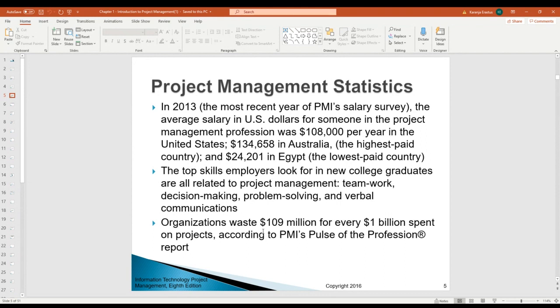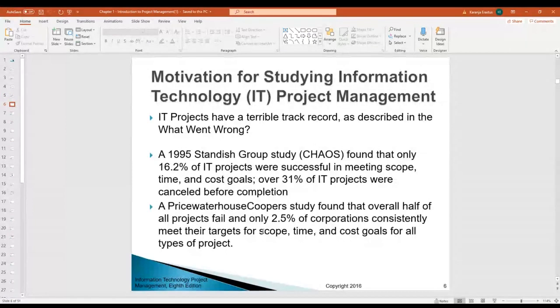When people are desperate and looking for something, sometimes they don't follow all the rules and regulations, and things fall through the cracks. So we need people who are very skilled in project management to make sure that we are saving organizations money.